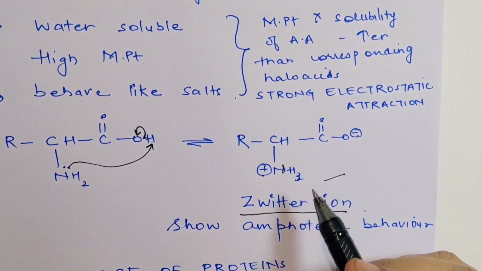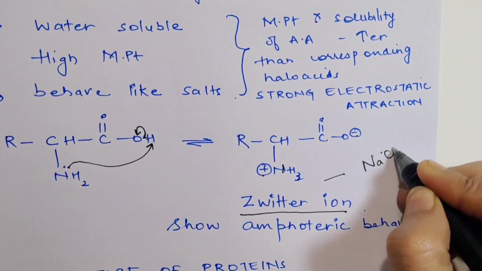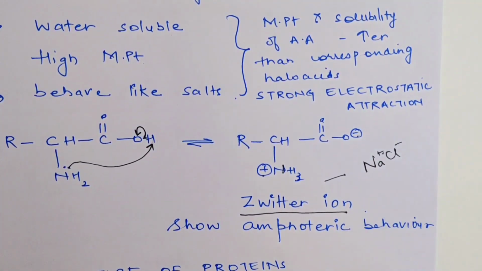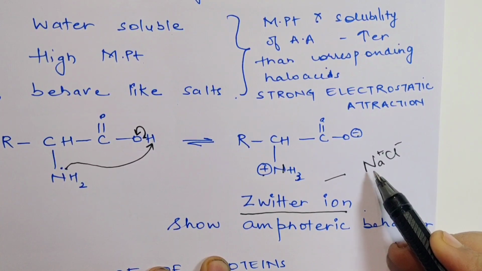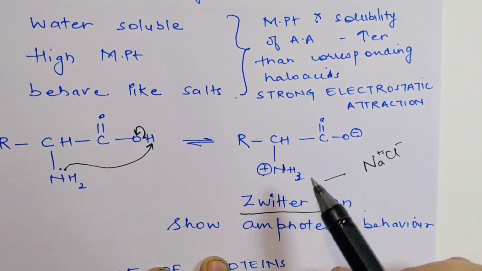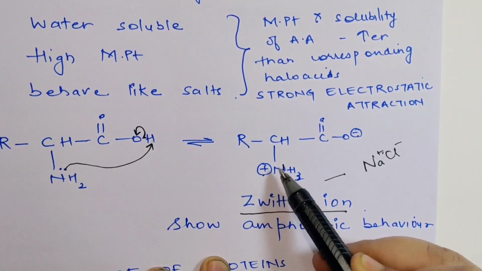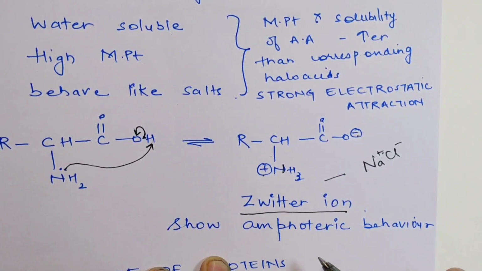Now, it's different from a regular ionic compound like NaCl, because in NaCl, a cation is immediately followed by an anion. Whereas here, the positive part and the negative part are separated through covalent bonds.